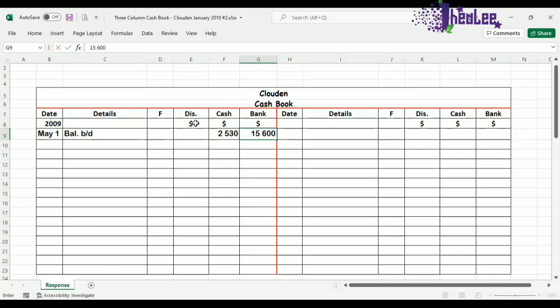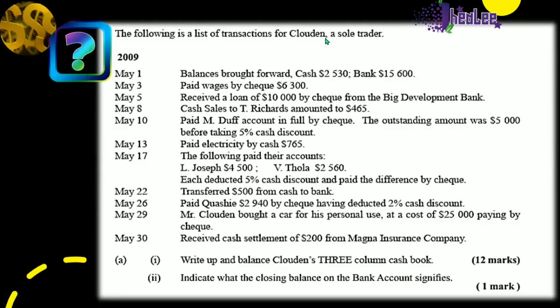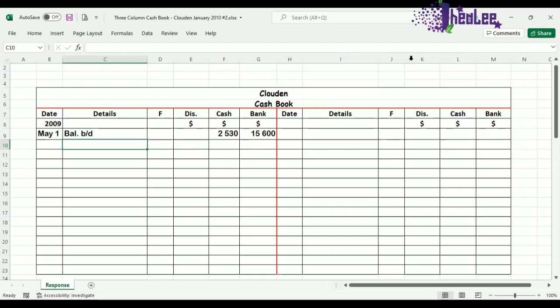Remember, once they share the same details and the same date, then of course the value can just be entered in the respective column. There's no need for us to write May 1st balance brought down again to record the value for bank. Now, if it is that the transaction had indicated a bank overdrawn balance, then the entry would not be placed on the debit side, but on the credit side.